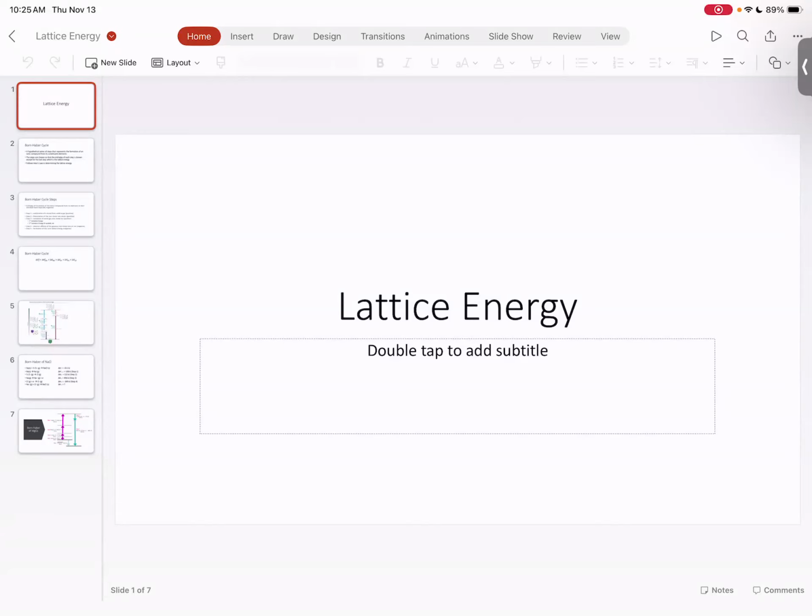We talked about ionization. We talked about sublimation. We talked about bond energy. We talked about ionization energies and second ionization energies and third ionization energies. We talked about electron affinity.